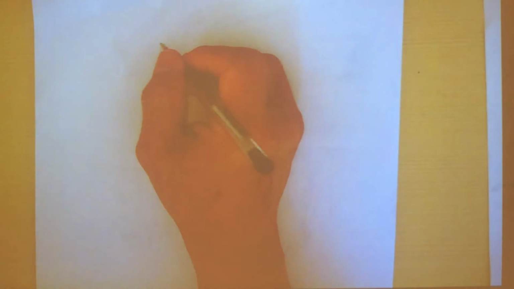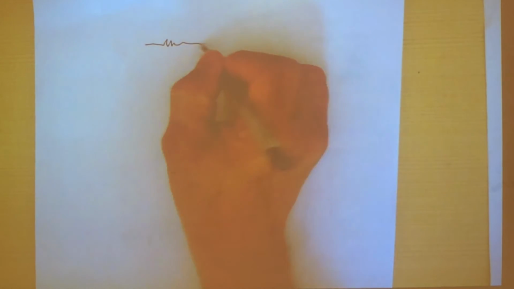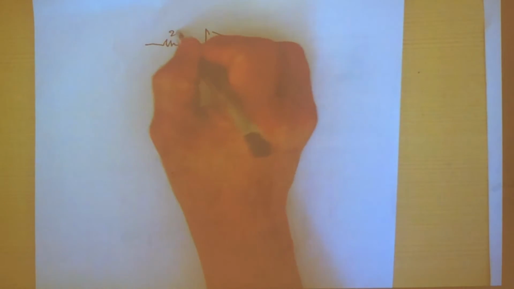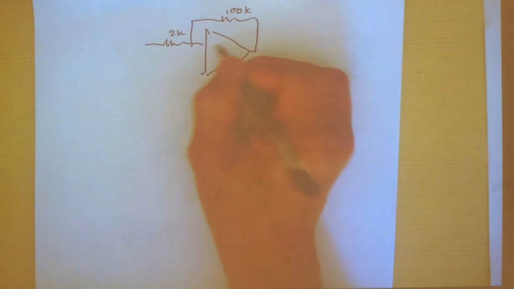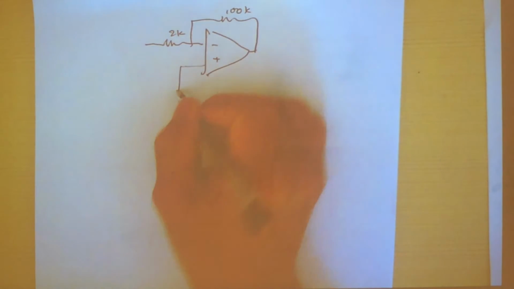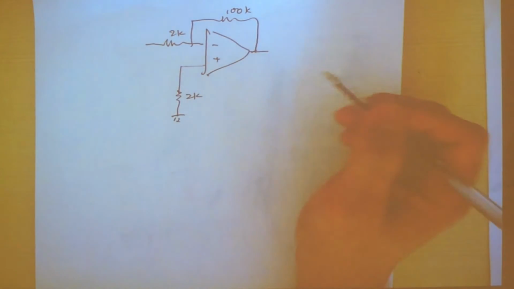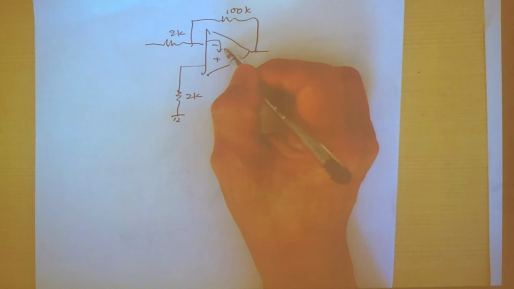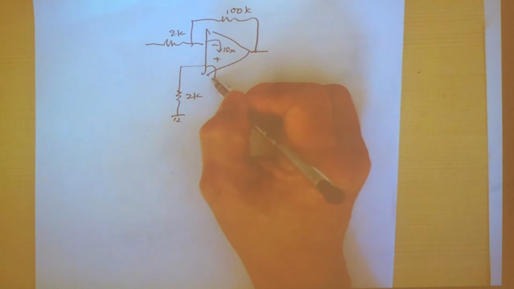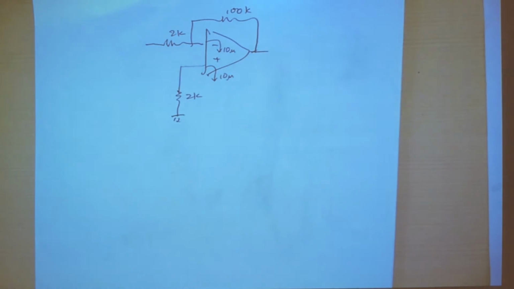We will end up with an inverting op-amp with 2K here, 100K here, and you have a resistor here, which is 2K to ground. And you also have two currents, I minus, which is 10 micro, and I plus, which is also 10 micro, because I offset is 0, so I plus must be equal to I minus is equal to I bias.